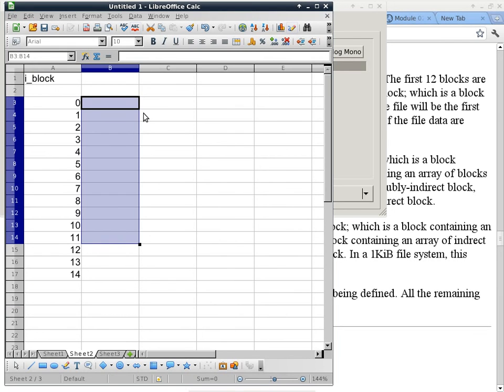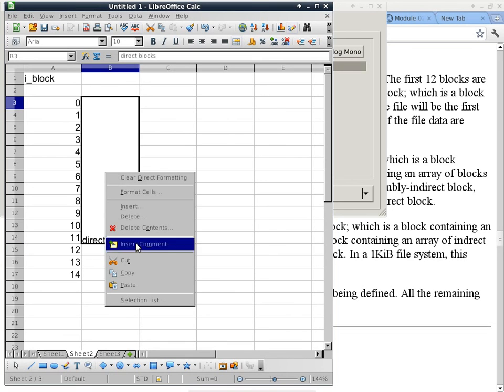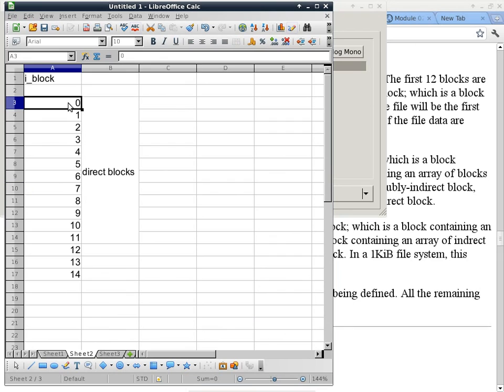Okay, so we'll go ahead and go to the spreadsheet and mark the first 12, which are these guys here. Okay, this is what I'll do. Direct blocks. And change the alignment to center, vertical, middle. What it means is, if you want to get to the first block of a file, that entry will bring you there. In other words, in this case, if you want to find the first 4096 bytes of a file, this entry, whatever the value is, will tell you where to find the first 4096 bytes of that file.